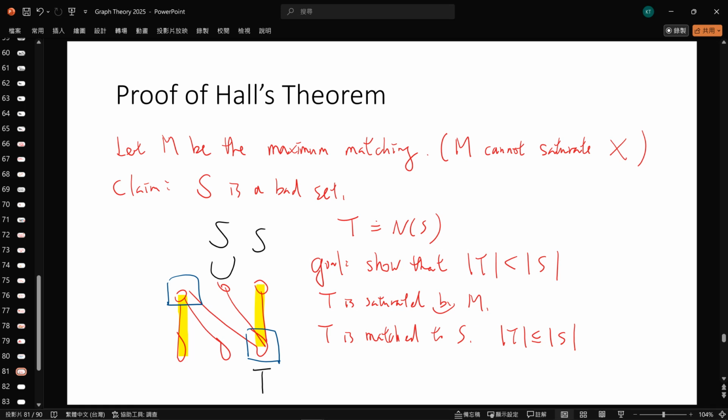Next, we want to argue that this is impossible. T and S cannot have the same size. And there's a very simple reason for that.